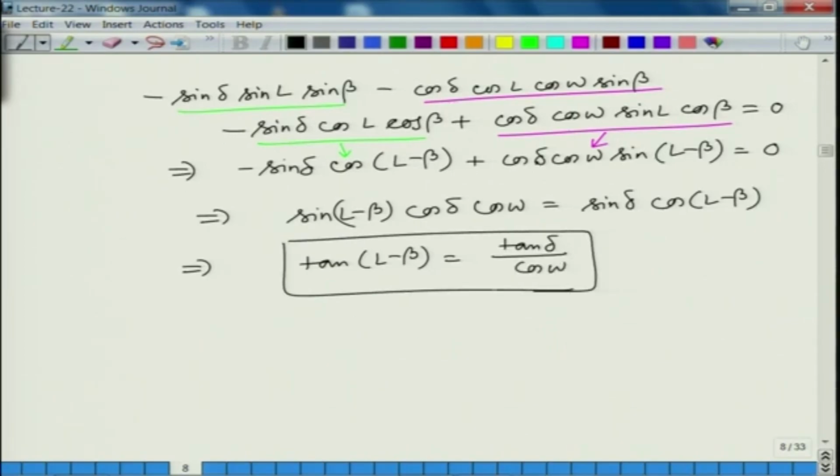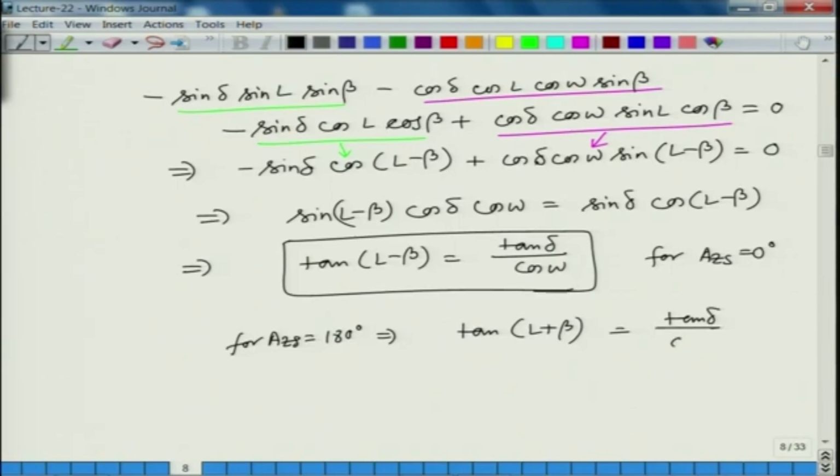This is for AZS equal to 0 degree, and the same way for AZS equal to 180 degree, you will get tan of L plus beta equal to tan delta cos omega.